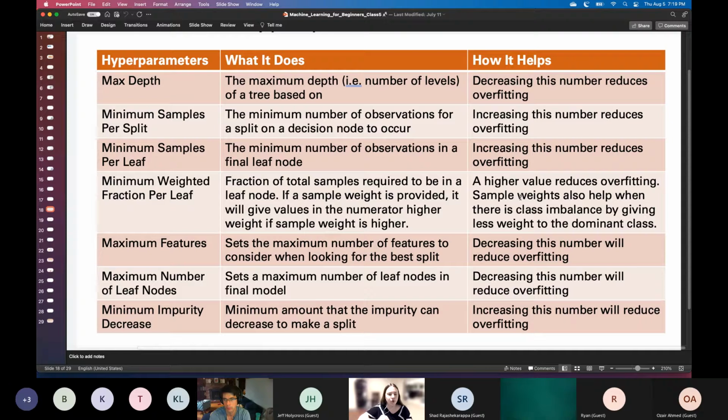You usually don't do well on one side, either predicting the ones or predicting the zeros. And a way to deal with that is to set weights. So basically, if you are setting a sample weight giving the ones a higher weight, then it will give more weight to the ones that you're trying to predict versus those zeros.